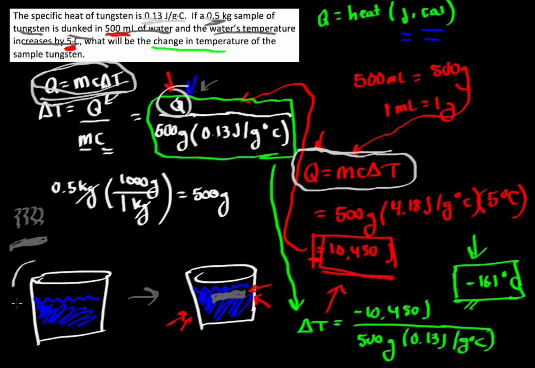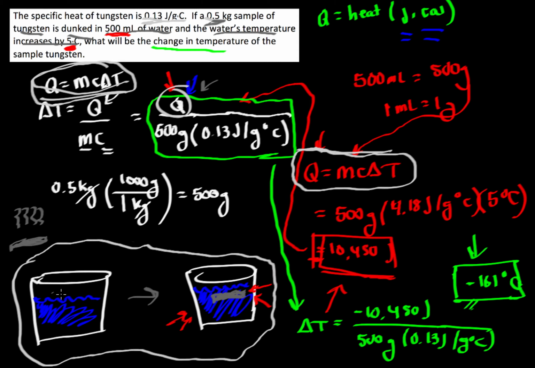So we had to use concepts to find out how we can discover the Q value. And we know that energy is not created or destroyed, it can only be transferred. So since we know how much Q was gained by the water, we know how much was lost by the tungsten, which we figured out here.